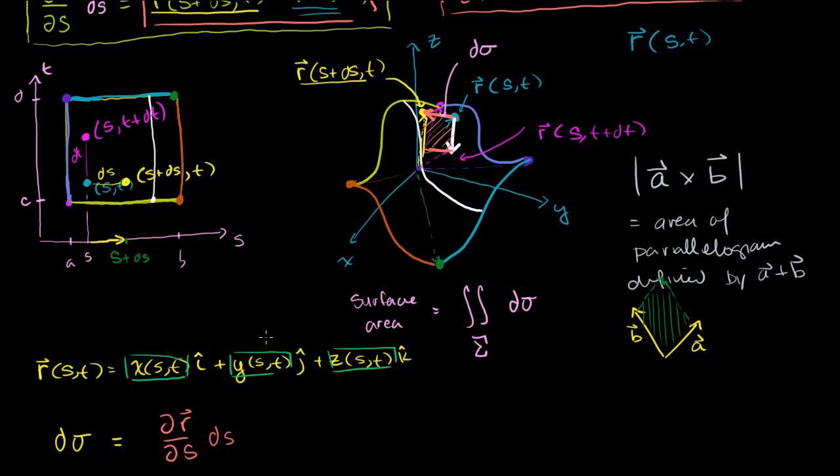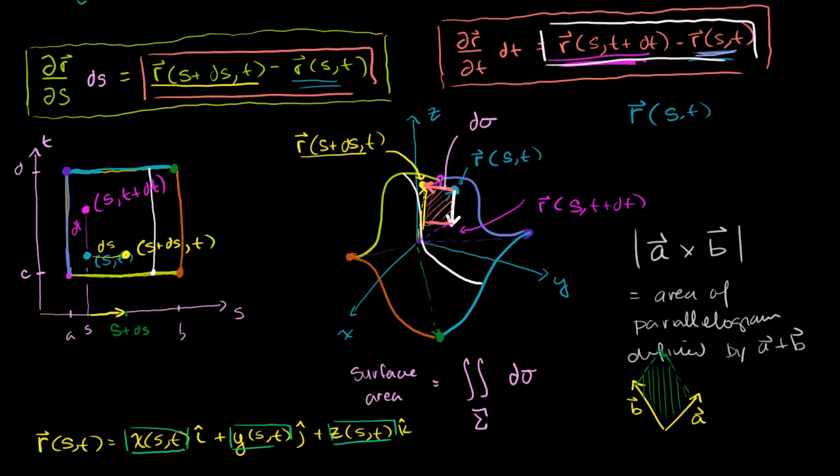ds. And d sigma is going to be the magnitude of the cross product, not just the cross product. The cross product by itself will just give you a vector, and that's going to be useful when we start doing vector valued surface integrals. But just think about it this way. So this orange vector is the same thing as that, and we're going to take the cross product of that with this white vector.